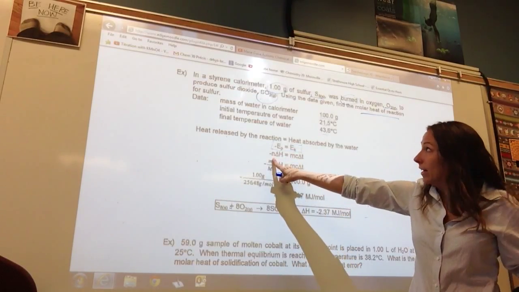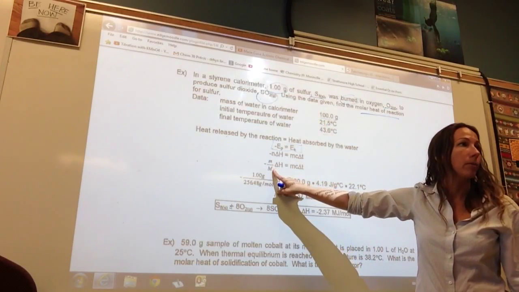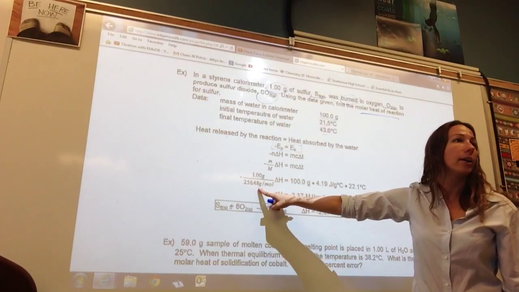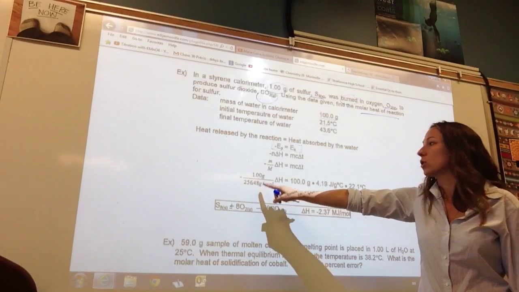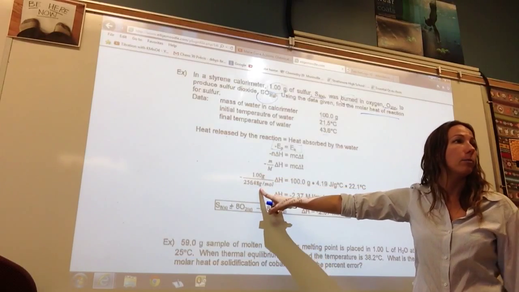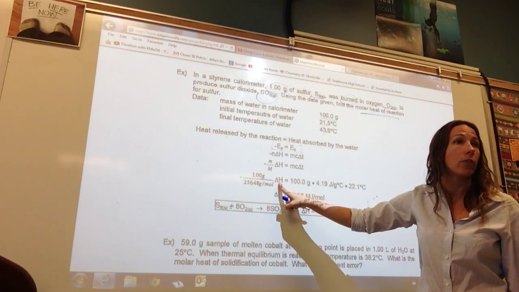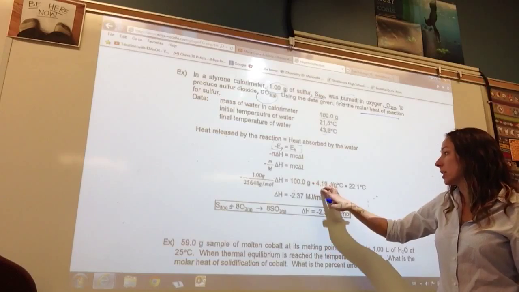I don't have an n of sulfur, I have a mass of sulfur. So, little m over big M. Sulfur is S8, so therefore I've multiplied the number on the periodic table by 8. So that's where that number comes from. So, mass of sulfur divided by big M to get my number of moles. This is what the question is asking for, molar enthalpy, equals my mc delta T.